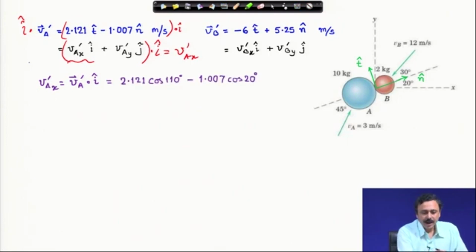Let us see what we end up with. I can write this T cap dot I cap from geometry easily. What is T cap dot I cap? It is nothing but the cosine of the angle between T and the x axis. Let me call it phi.